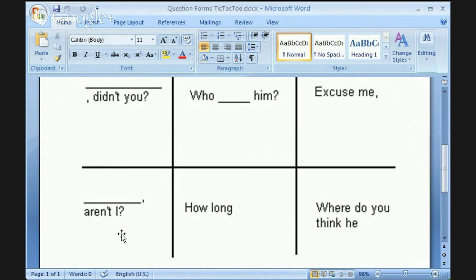Michael, you get hit with a tag question again. I lost my keys, aren't I? No. That would be I have lost my keys, haven't I?